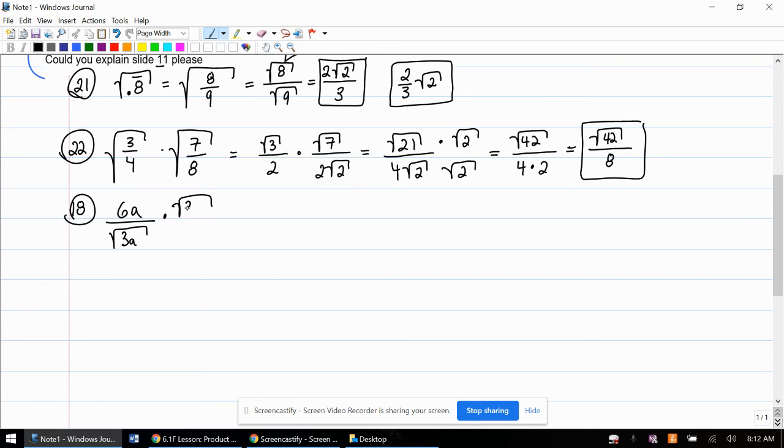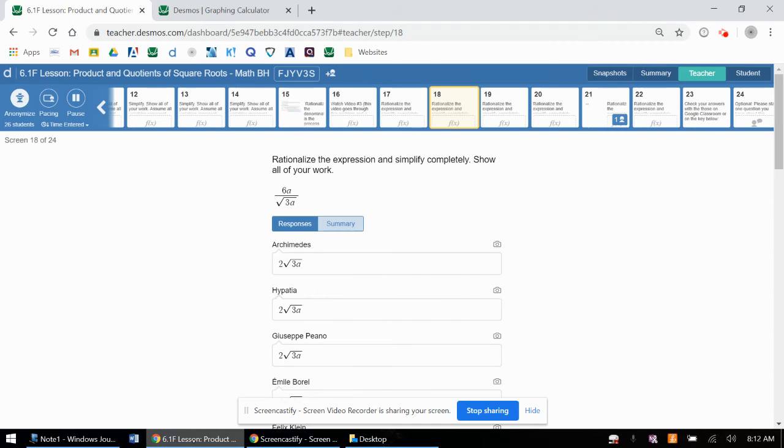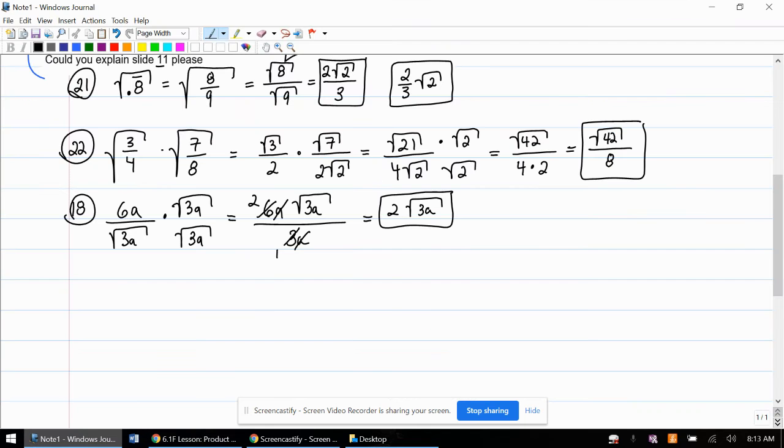So I'm going to rationalize. These just become a 3a, and then I'm going to simplify. And I know that this is a dead end in this radicand, but if I'm not convinced of that, I try to pull out pairs, and there are not any pairs there. And that's what most people got.